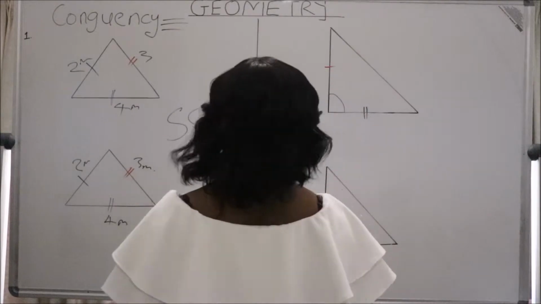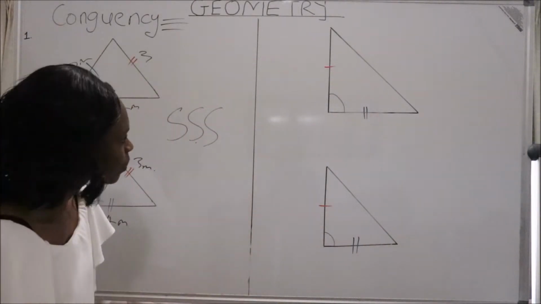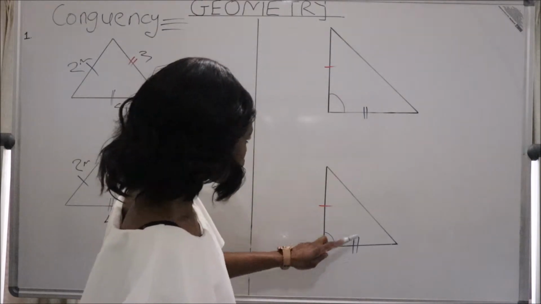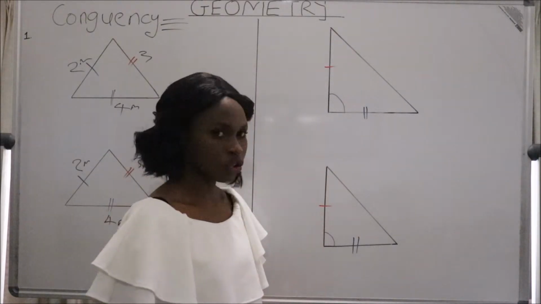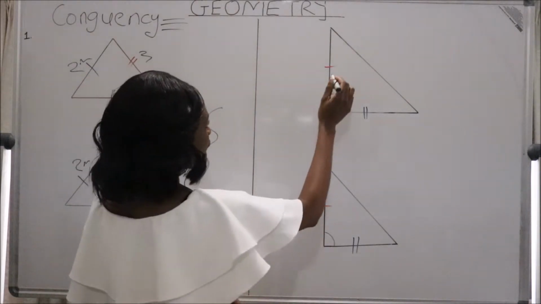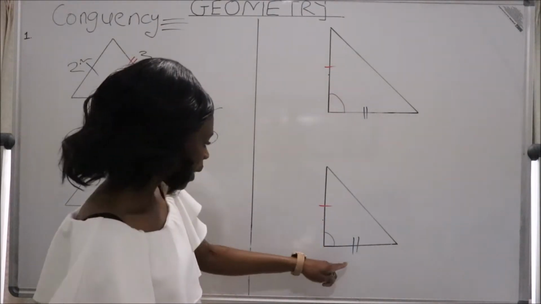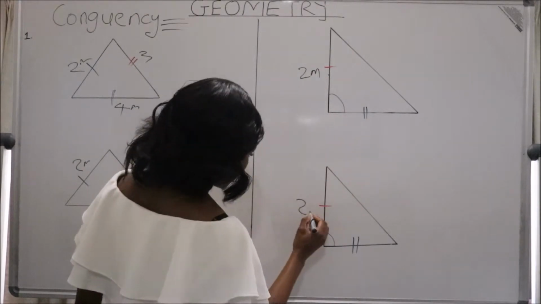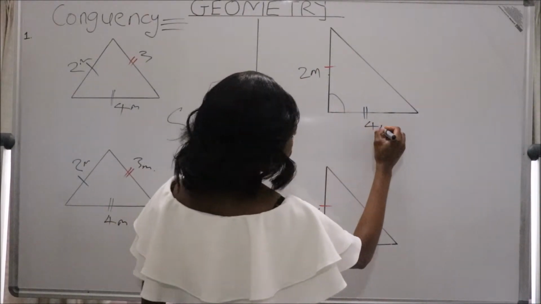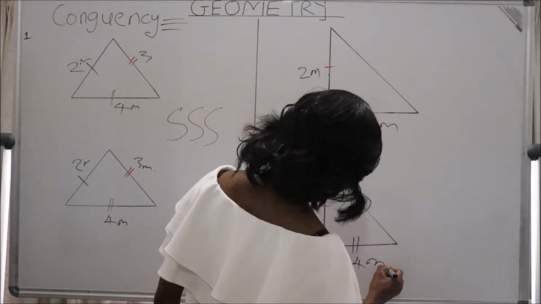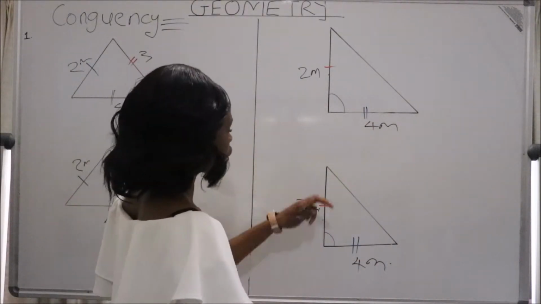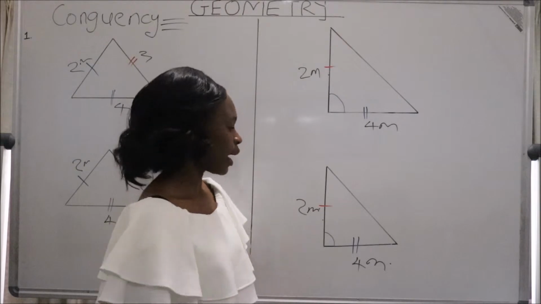Alright, moving on to the second one, where we have two sides which are equal to each other, and also the included angle. So this side is equal to this side, and this side is equal to that side. Let's say this is 2 meter and that's 2 meter. If this is 4 meter, then this will also be 4 meter, and our included angle is also the same on both triangles.